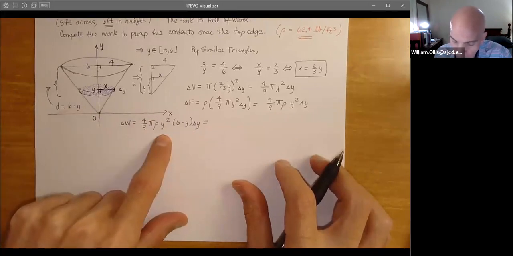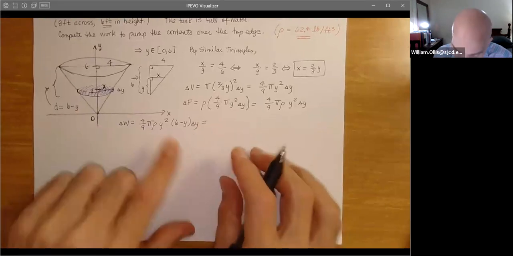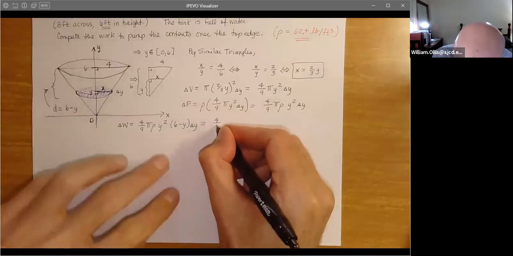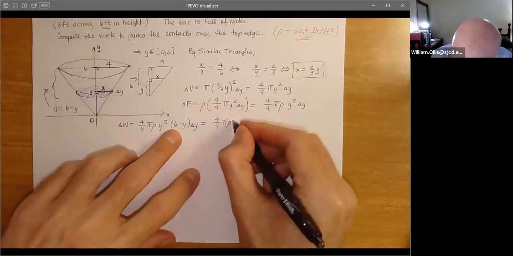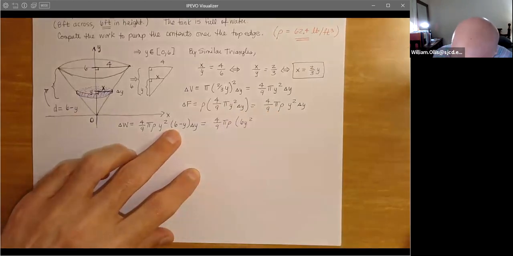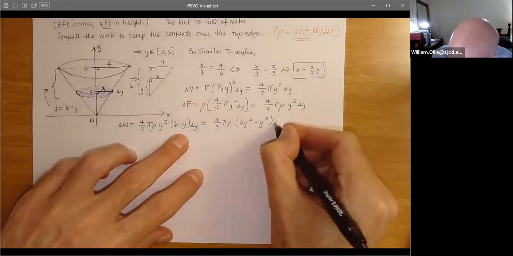We take the product here. And so now if you want, you can go ahead and multiply this out. That's going to help us when we write our integral. So we have 4/9 pi rho, and this will give us a 6y squared minus a y cubed delta y.